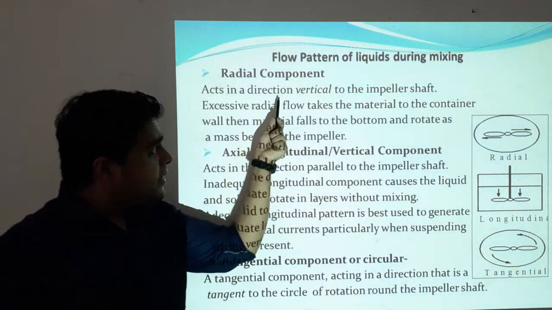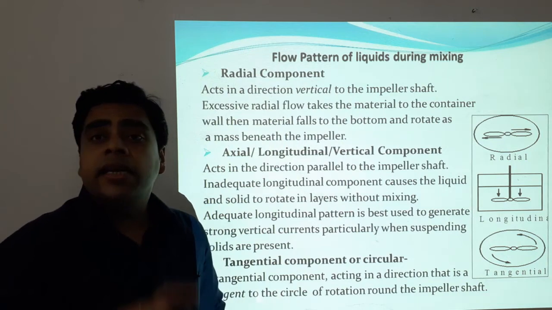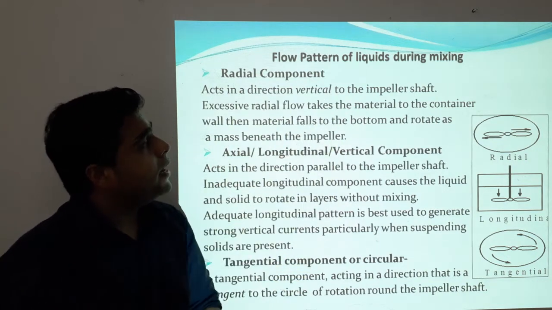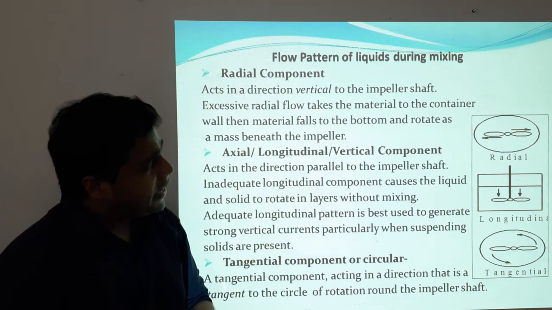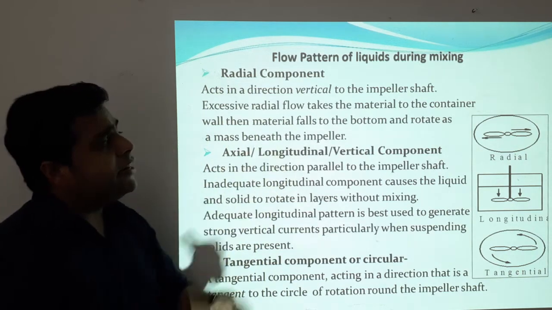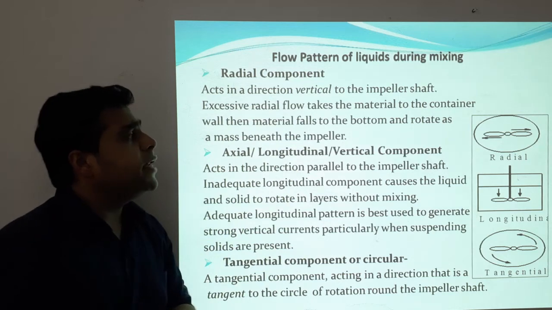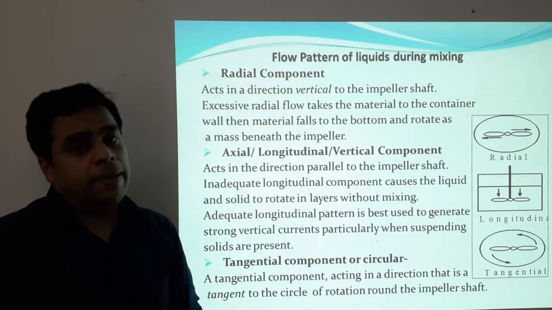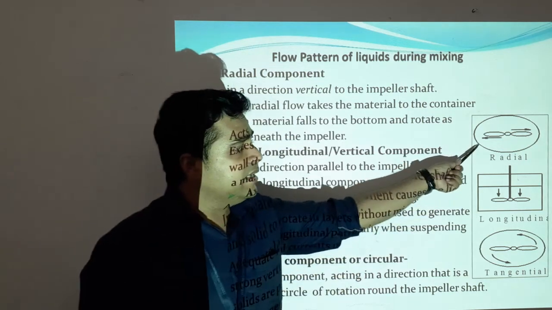The radial component acts in the direction perpendicular to the impeller shaft. Excessive radial flow takes the material to the container wall, and then the material falls to the bottom and rotates as a mass beneath the impeller. So radial movement is like this only.